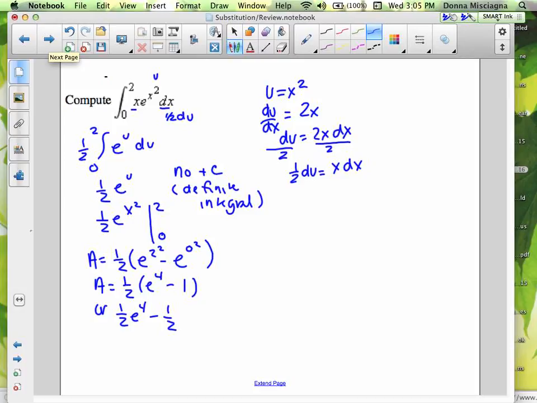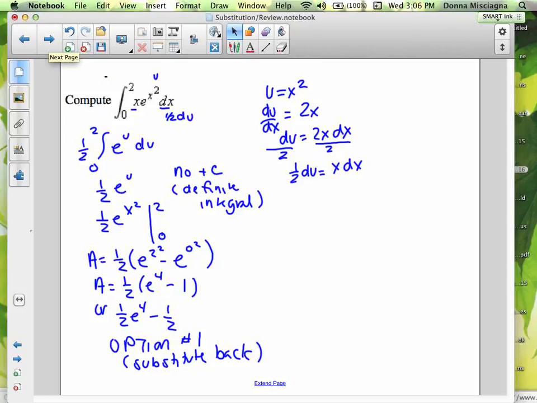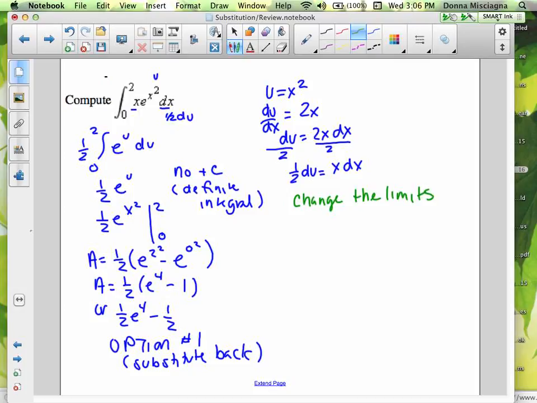All right, so this is option number 1, which is substitute back. Option number 2 is change the limits. So u is x squared, and we're evaluating from 0 to 2.